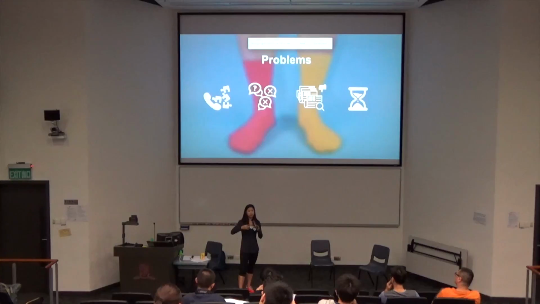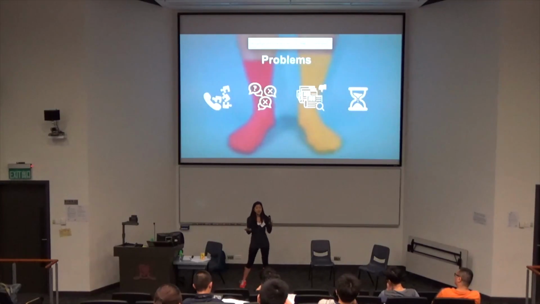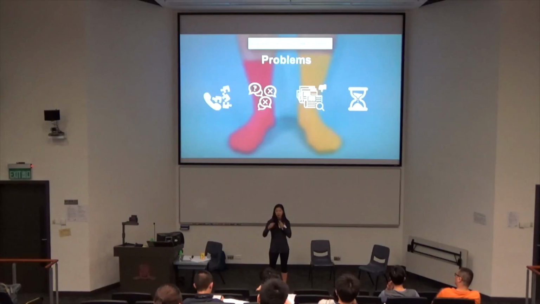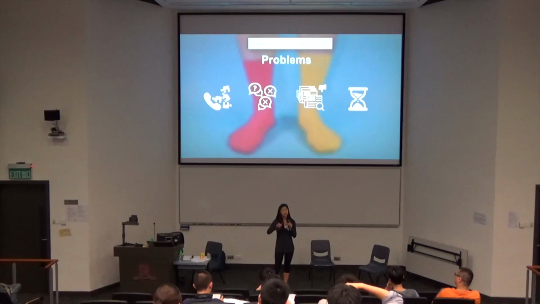It is a platform that matches people in need of temporary jobs with people who need them. It is actually really bad that they can't find each other. And our solution is to match them through a mobile phone, because everyone has 3G nowadays.